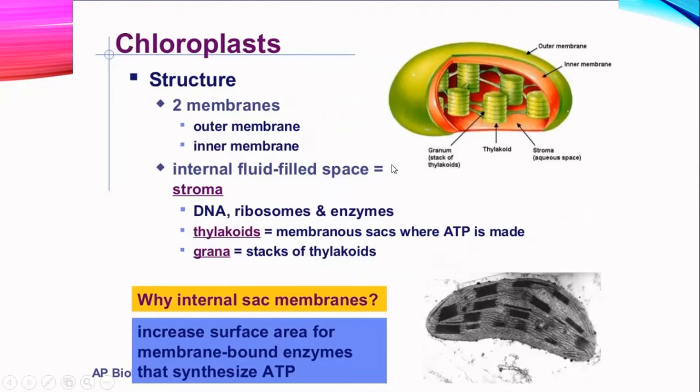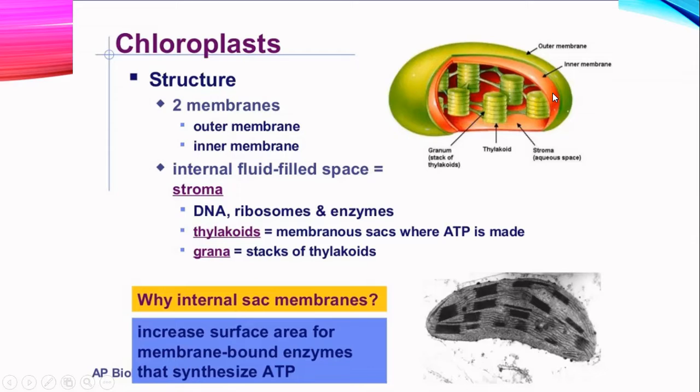So based on the structures of chloroplast, like the mitochondria and the other organelles, it consists of two membranes. We have the outer membrane, the green one, schematic diagram lang to show kung ano ang itsura.